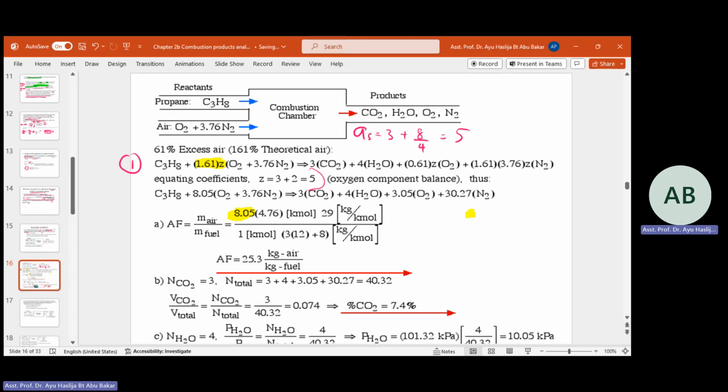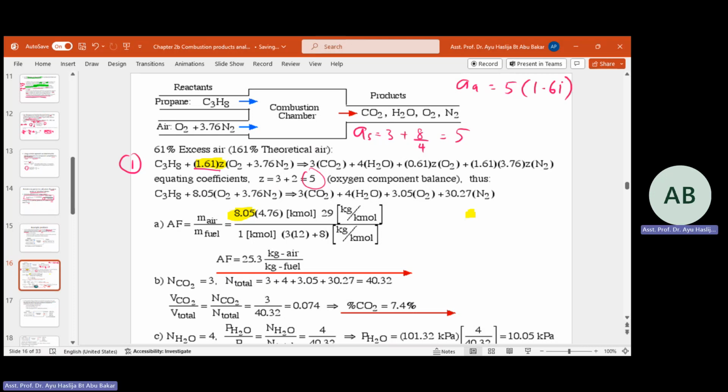Okay, so from there, multiply by 1.61, then you dapat A actual. Okay. So A stoic 5, A actual 5 multiplied by 1.61.